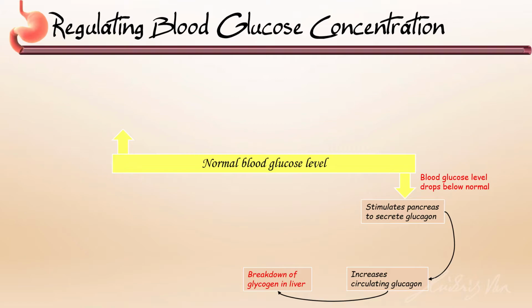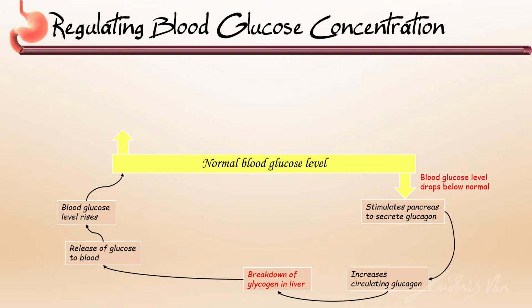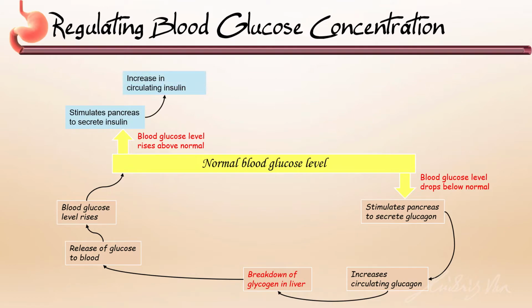After this glycogen is broken down into glucose, the glucose will be released into our blood and our blood glucose level will rise. The opposite can happen. So let's say after a meal, our blood glucose level rises. This will in turn cause the liver to convert glucose into glycogen.